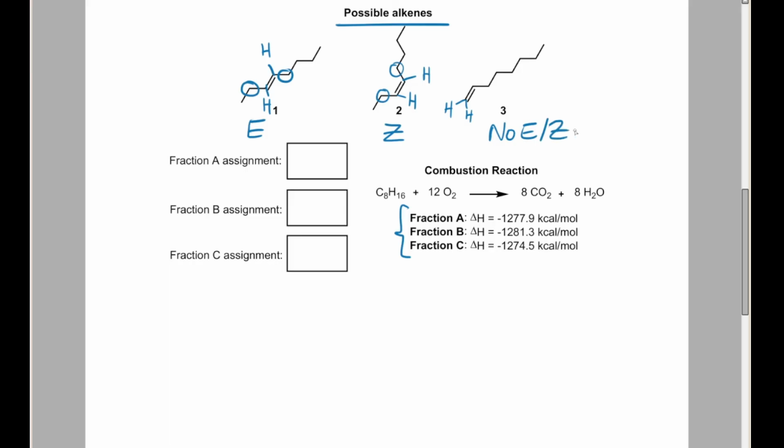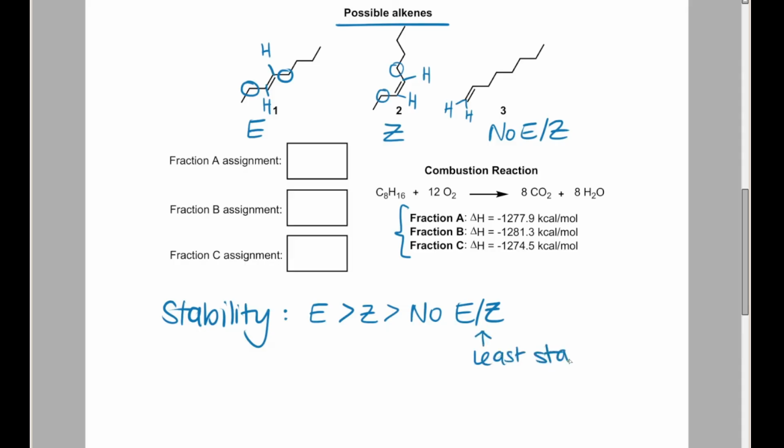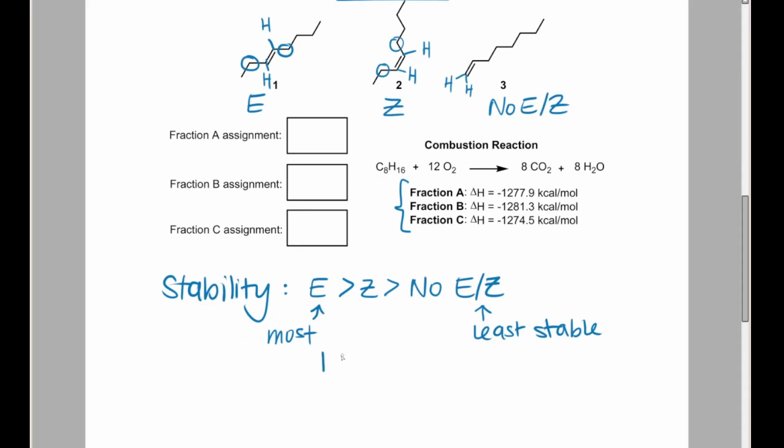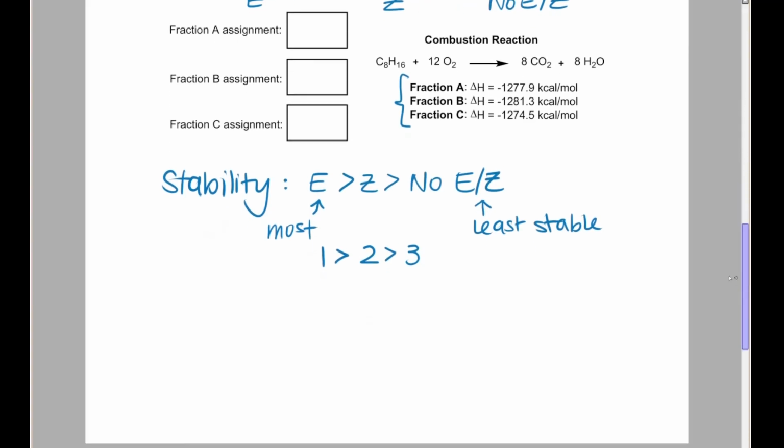And if you remember, in terms of stability, the most stable is E, and then Z, and then the least stable is no E or Z configuration. So in this case, we can order it as 1 is more stable than 2, which is more stable than 3. And now we should do the same thing with the fractions and this data that we're given.